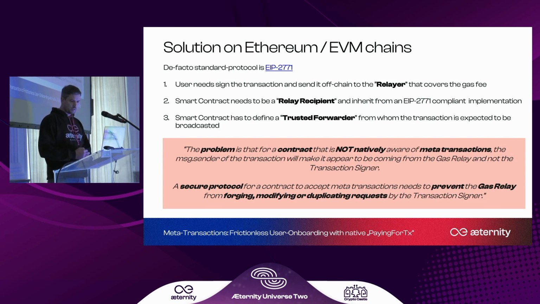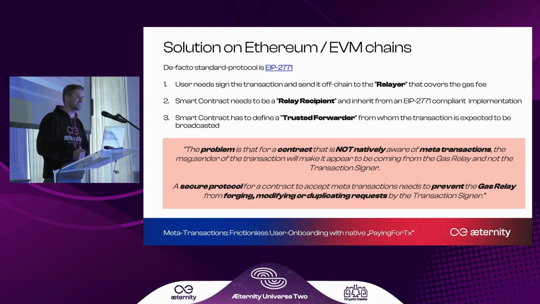And there's a tricky part, because you cannot make any contract work out of the box. If you already have a smart contract deployed on the blockchain, it's not aware of that meta transaction protocol. So that's a bit the tricky part.